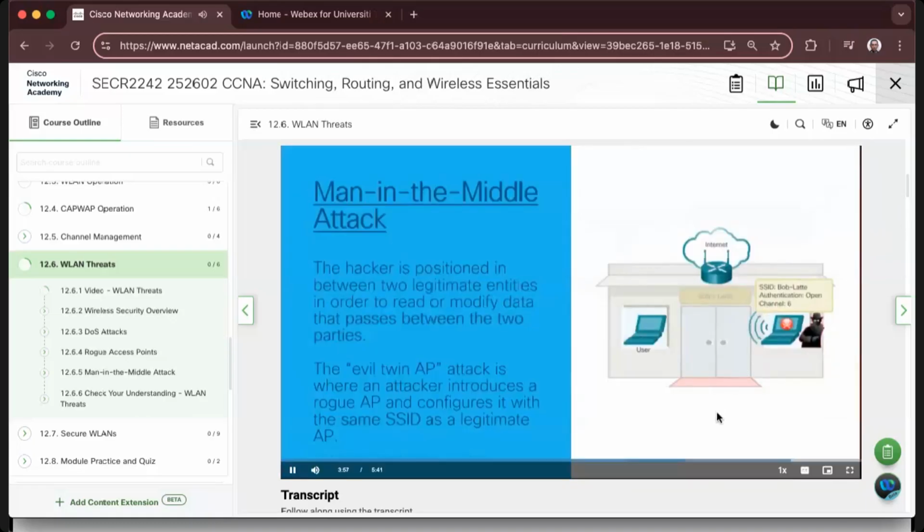With a man-in-the-middle attack, attackers position themselves between two legitimate entities in order to read or modify the data that passes between those two entities. Now, there are many ways that a man-in-the-middle attack can be created. A popular way is to use the evil twin access point.